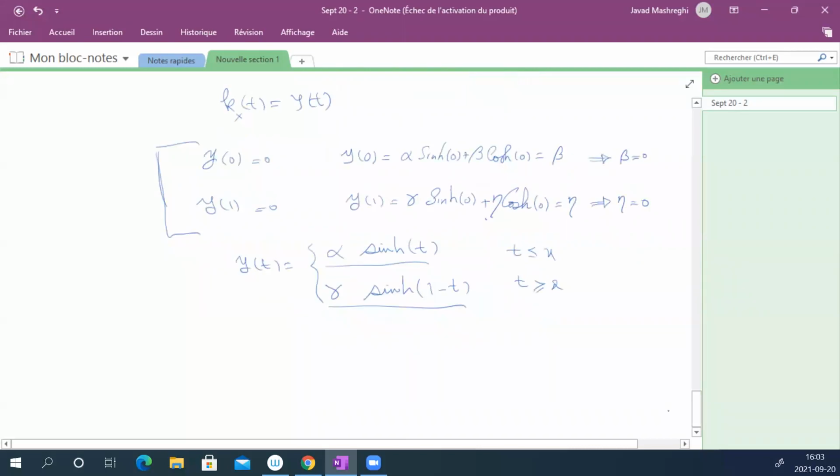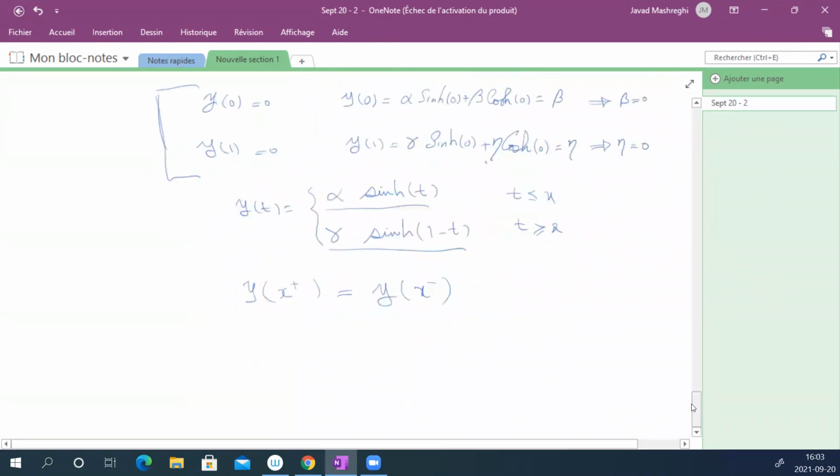There is one more thing to be satisfied: y at the point x plus should be equal to y at the point x minus. In other words, the function has to be continuous. And this means that alpha sine hyperbolic x has to be equal to gamma sine hyperbolic 1 minus x.